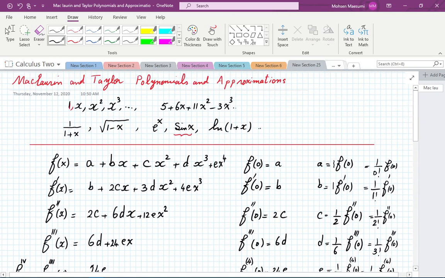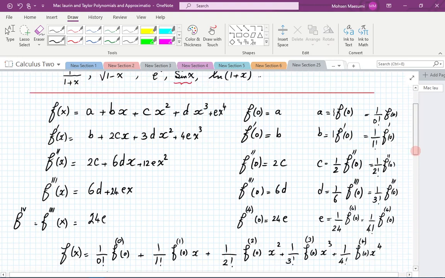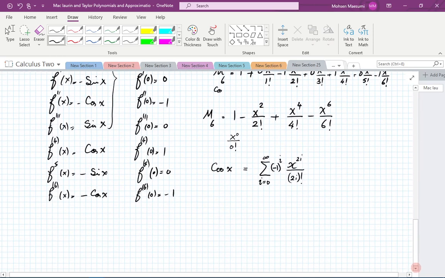Pretty much every function that you see in pre-calculus or calculus has a Maclaurin series. They have to be smooth, have to avoid certain kind of kinks and issues of that type, but aside from that, the functions that you see do have such expansion. Let's go ahead and try one more of these things.